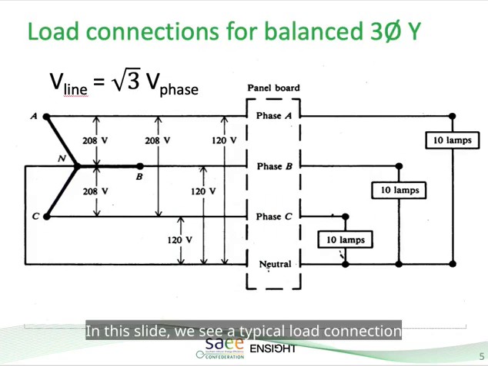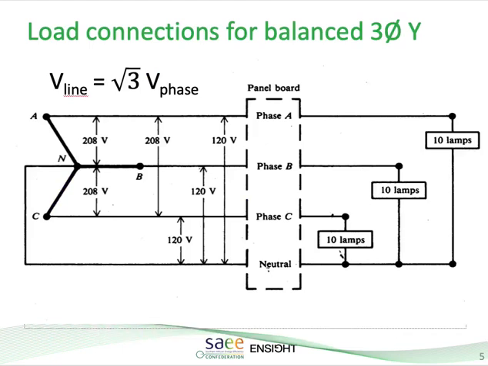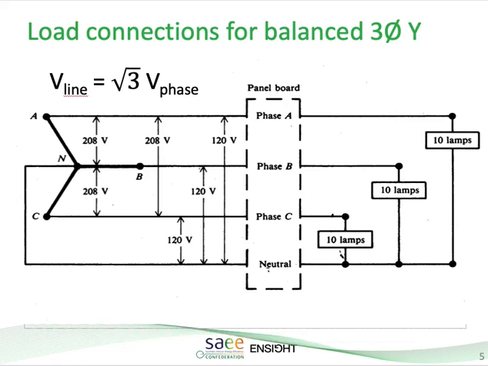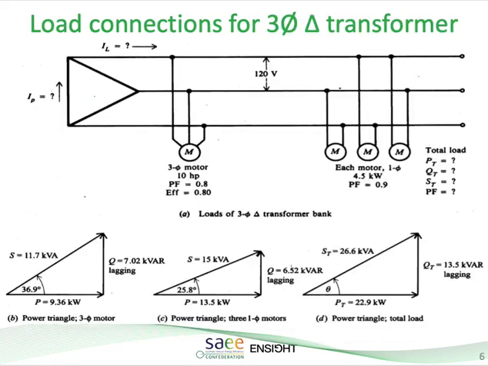In this slide, we see a typical load connection for a balanced three-phase star connection. We have a line-to-line voltage, we have a line-to-neutral voltage, and we have our amperage, which is balanced between the three phases.